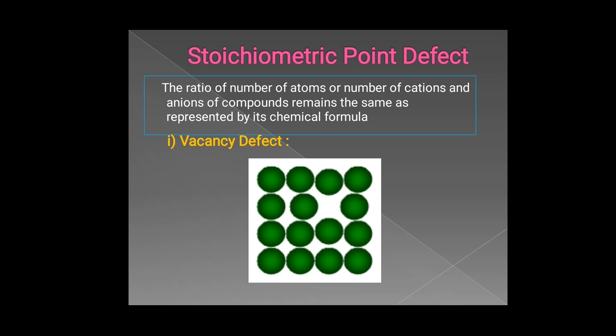This is how they are arranged in the three-dimensional structure of the crystal. In a stoichiometric point defect, the ratio of cations and anions, which in NaCl is 1:1, will remain constant.